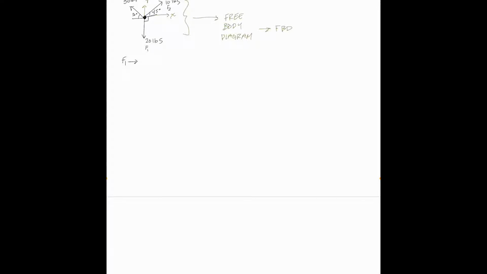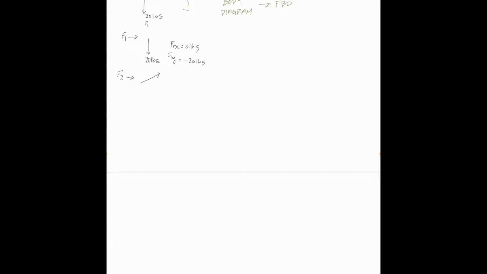So F1 looks like this. Just by inspection, we can see that that is all in the Y direction and there is no X direction. So we can say F1X equals 0 pounds and F1Y equals negative 20 pounds. And that's negative because it's going down, not up. As our axes indicate, up is positive, so down is going to be negative.